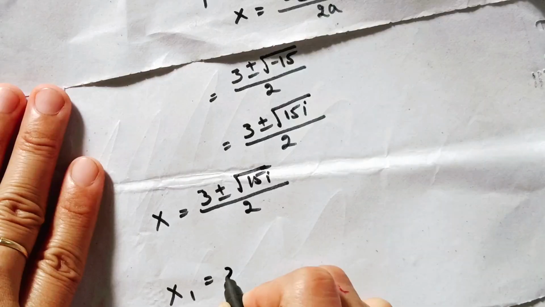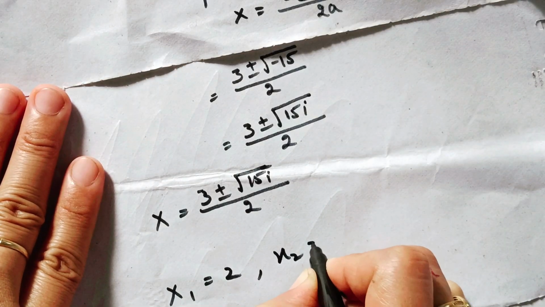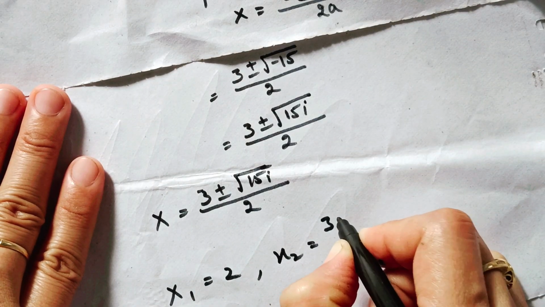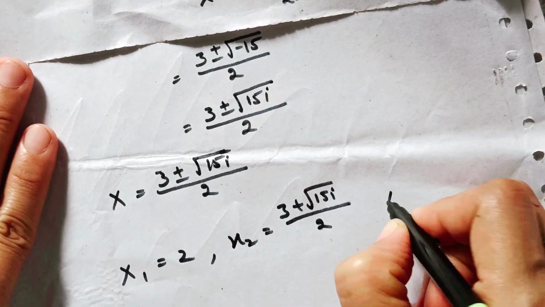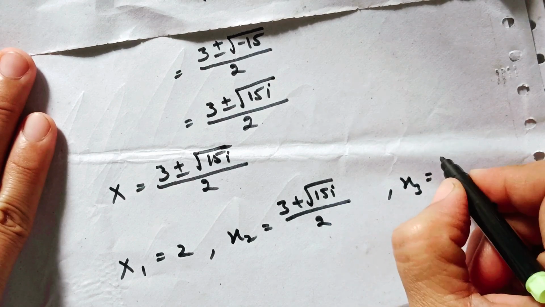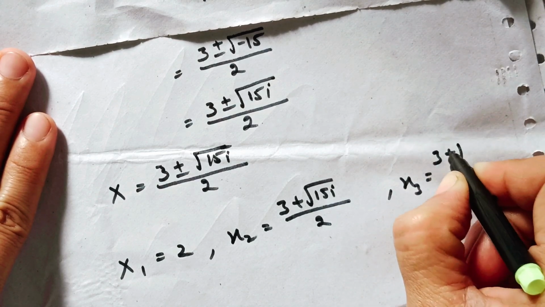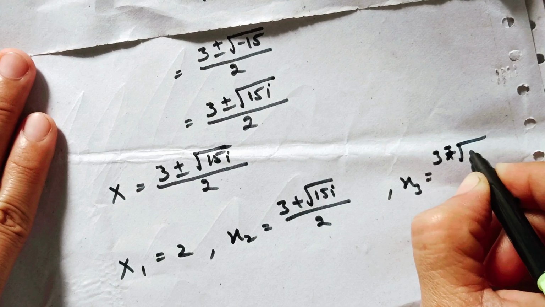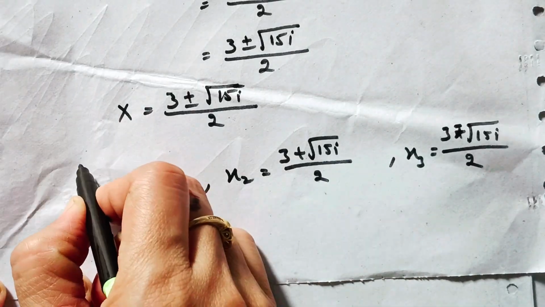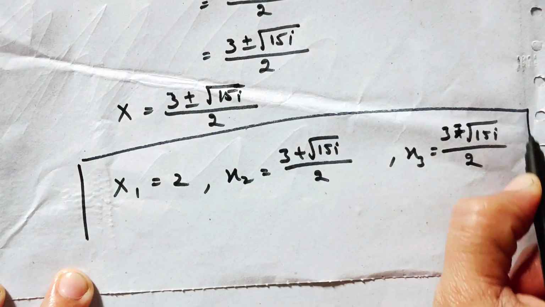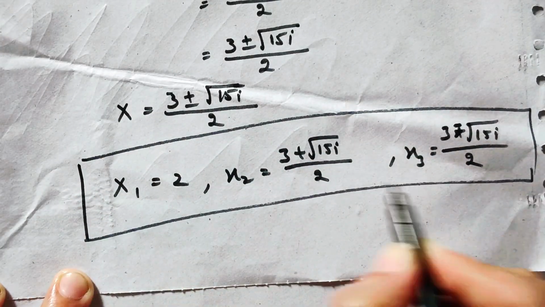The first x root is minus 2, then the x2 value is 3 plus square root of 15i divided by 2, then the x3 value is 3 minus square root of 15i divided by 2. So these are the 3 roots for this question.